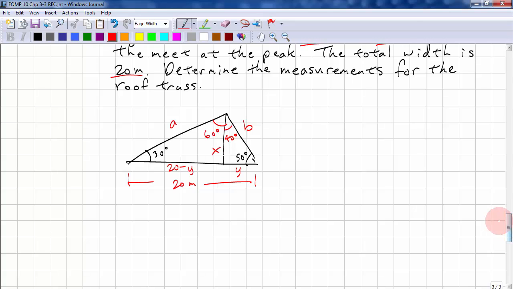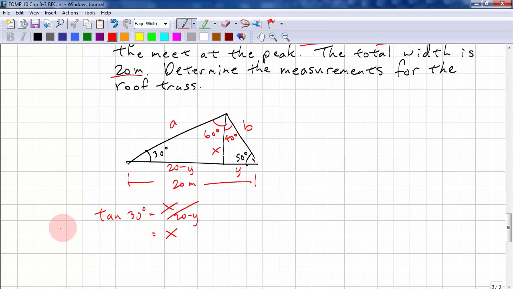Okay, everything's labeled. We can start working. First calculation. We don't have a whole lot of numbers, so we'll just have to use variables. So with this triangle, tan 30 equals X over 20 minus Y. Let's rewrite this.